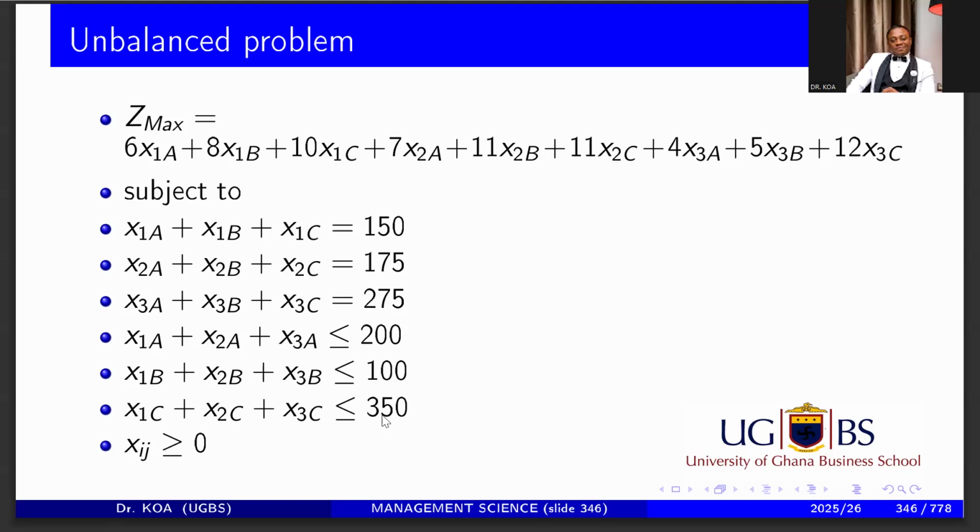No. I said whenever demand is more than supply, the one that is more will always have the less than or equal to constraint. The one that is more will have the less than or equal to constraint. The other one will have the equality.